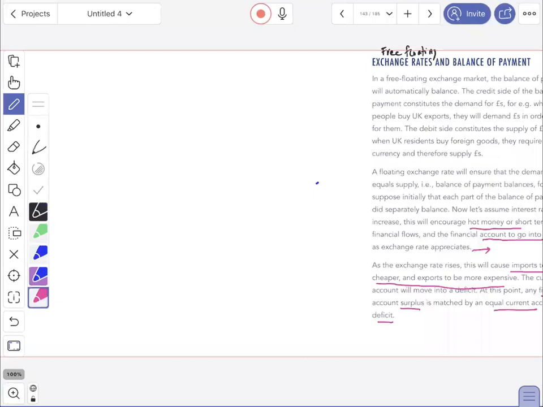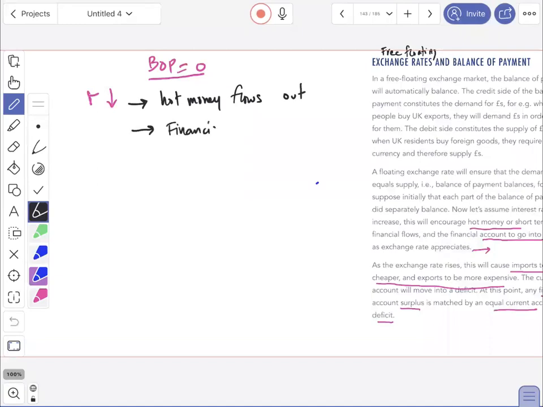What if interest rates are going down? BOP is in balance, and let's say suddenly the interest rate goes down. What will happen? When the interest rate goes down, the first thing is that your hot money flows out. When hot money flows out, the financial account will be in a deficit.